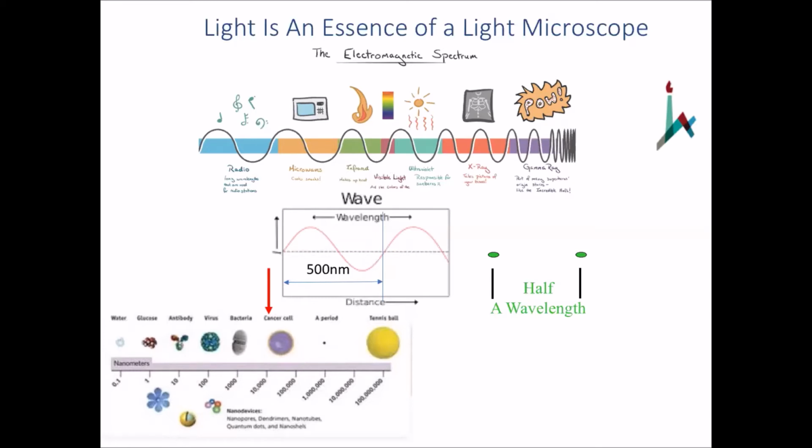And it can resolve things that are half the wavelength. So it could resolve at the ultimate 250 nanometers, although a regular optical microscope rarely achieves that without some help, okay?